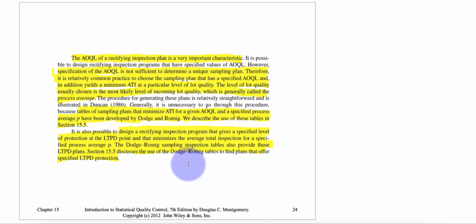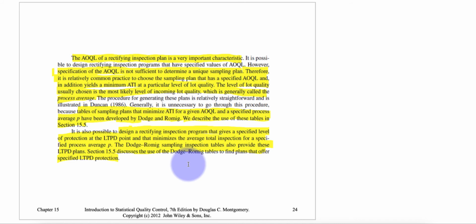Average outgoing quality level is an important characteristic, but when we design a sampling plan, we also need to consider average total inspection, because this is like a balancing point for our consideration. We need to consider the number of total inspections along with the average outgoing quality level.